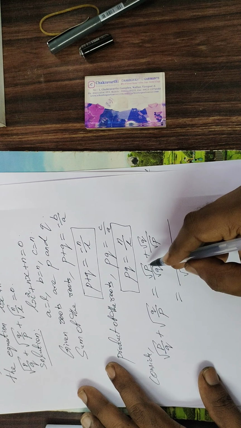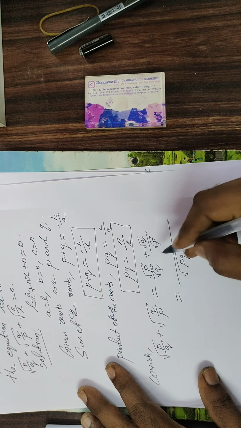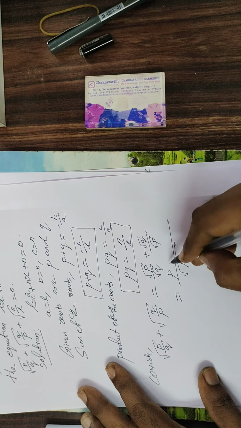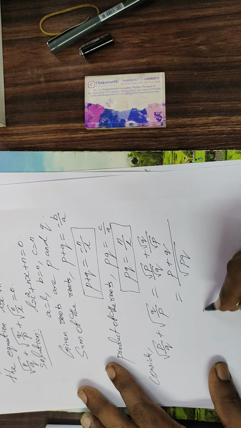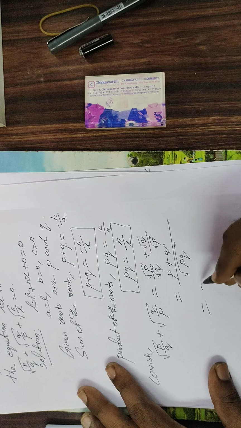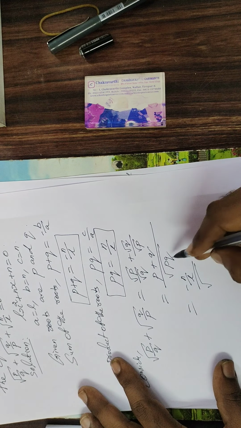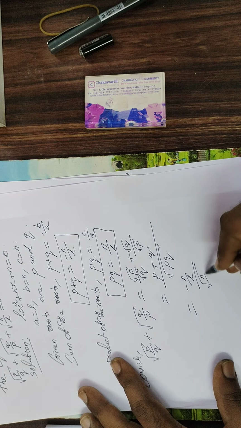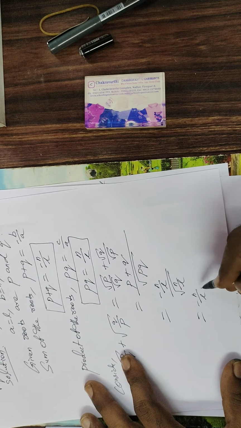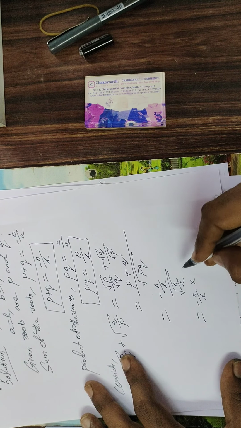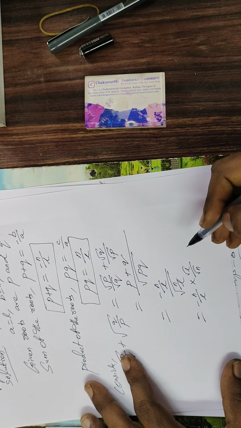Here root Q gets cancelled, so we get root P into root P, that is P, plus root Q into root Q, that is Q. So equal to P plus Q by square root of PQ. What is the value? Minus N by L by square root of PQ. What is PQ? N by L. This is equal to minus N by L into, if it goes to the numerator, root L by root N.